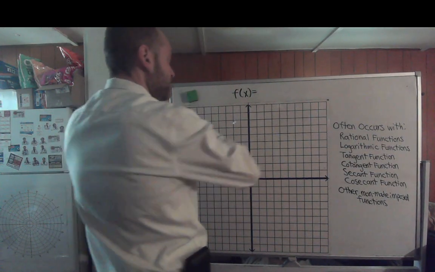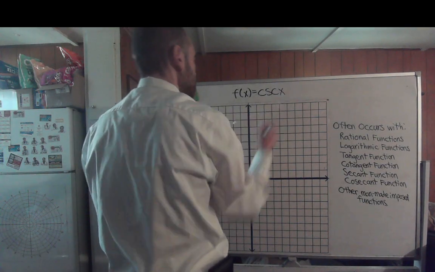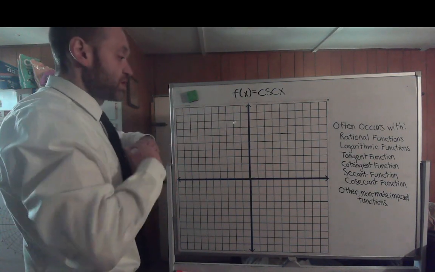So we'll do f of x equals the cosecant of x.